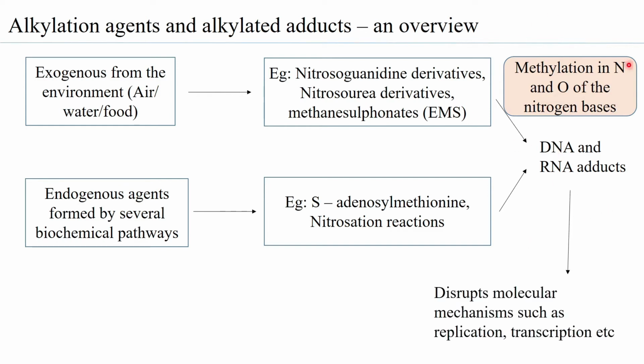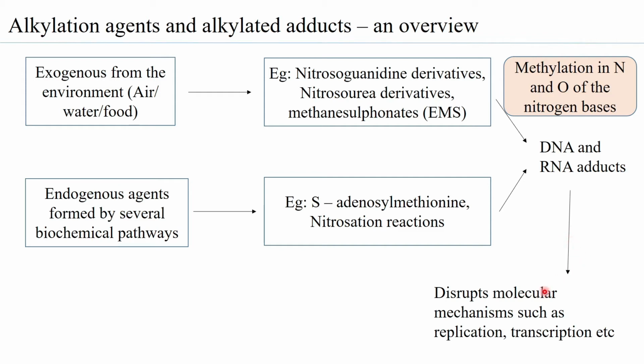And on alkylation of these nitrogen bases, many times they are not able to form a proper interaction with the complementary nucleotide, and hence there would be some sort of distortion in the DNA.